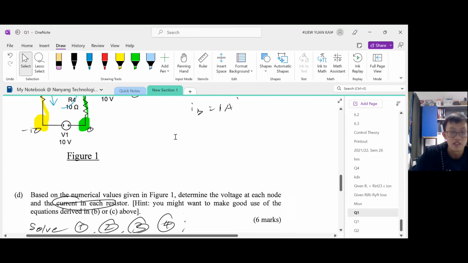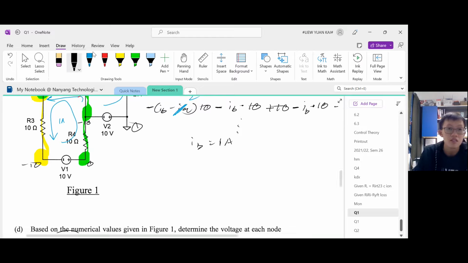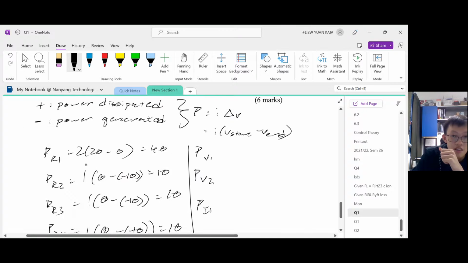Now let us take a look at the voltage sources. Let's look at V1. The current flowing through V1 is still this 1 ampere. Looking at the direction of the current, it starts from here and ends at here. So -10 minus 0, V start minus V end.